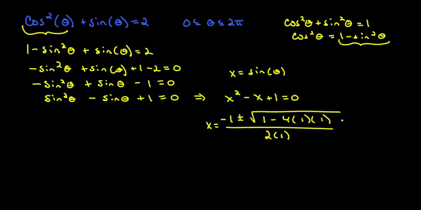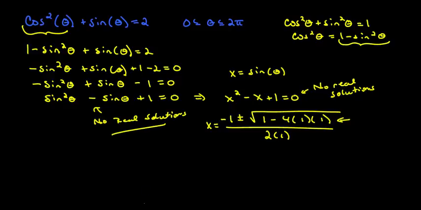But I have a problem, because right here I'm going to have a negative value underneath the square root. So that means that since this guy has no real solutions, then this guy also has no real solutions. So let's check that on our calculator.